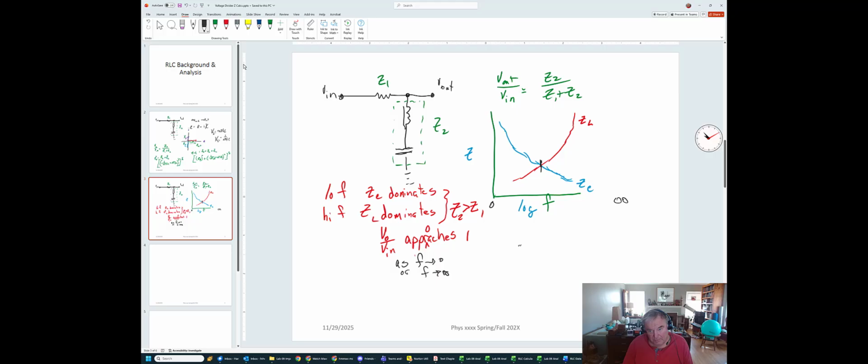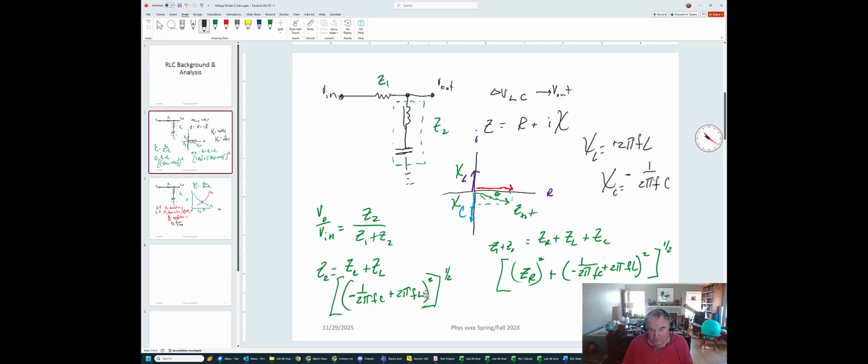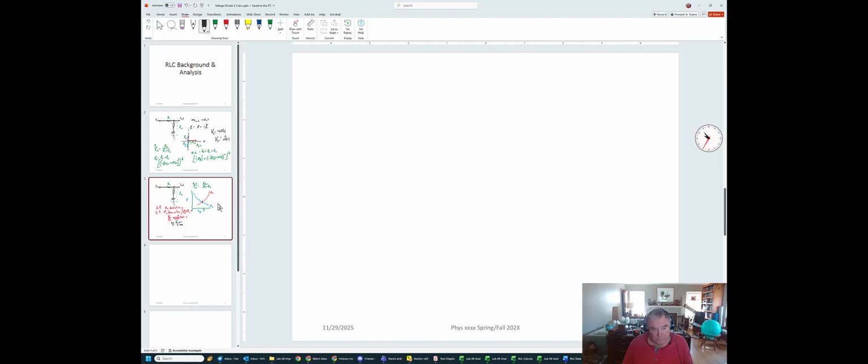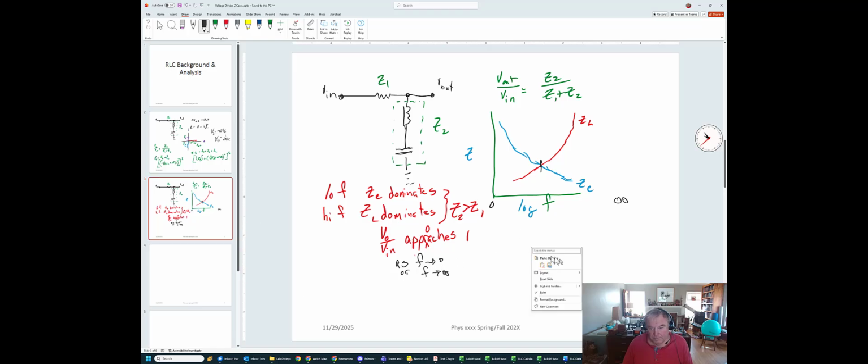And notice that when they're equal to each other, then this quantity here, so at the crossing point, in principle, these two are equal to each other.